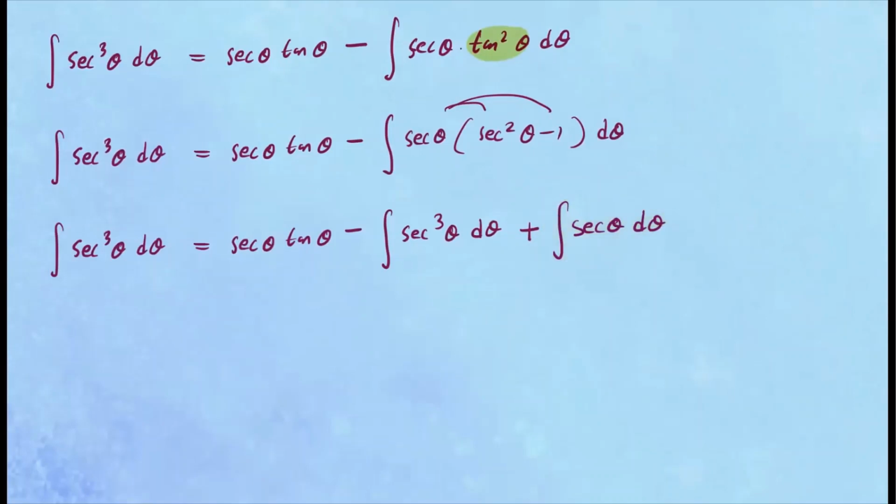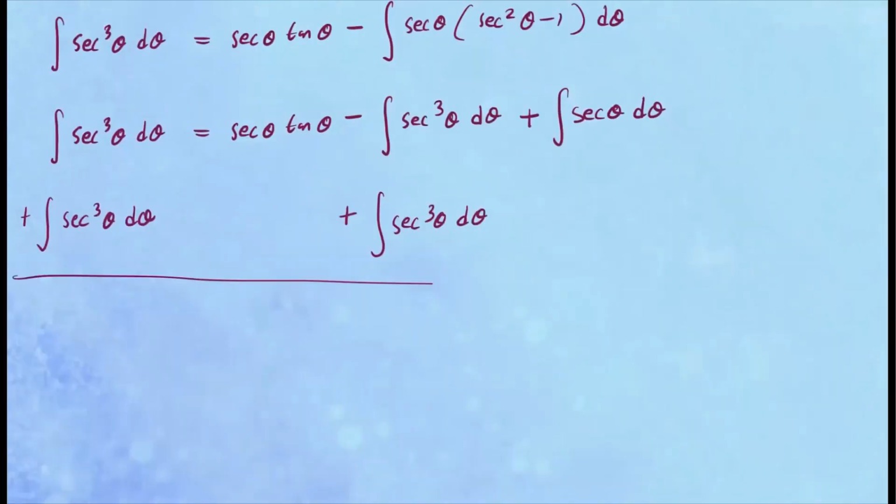But you see here, the integral that we're solving for happens to repeat itself. So we're going to treat it as a variable and add it to the other side. So I'm going to add the integral of secant cubed theta d theta to both sides. So this is what we're going to get.